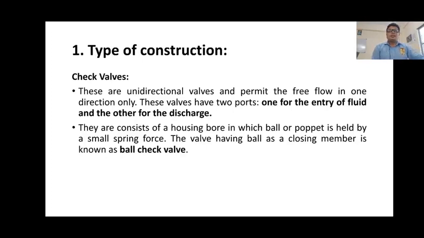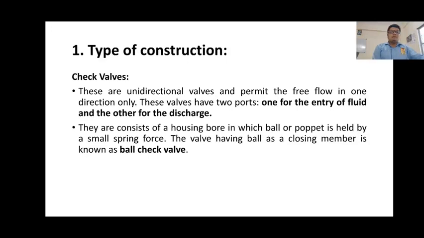First one is the classification of a directional control valve based on the types of construction. So the first type is the check valve. Check valve is also known as the poppet valve. These are unidirectional valves, and they permit free flow in one direction only. These valves have 2 ports, one for the entry of the fluid and the other for the discharge. They consist of a housing bore, in which a ball or poppet is held by a small spring force.